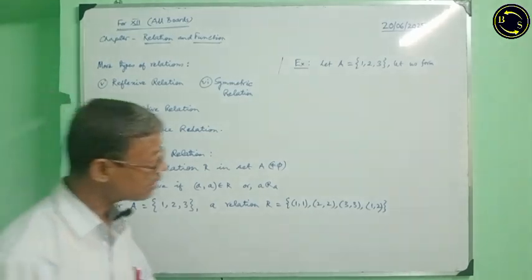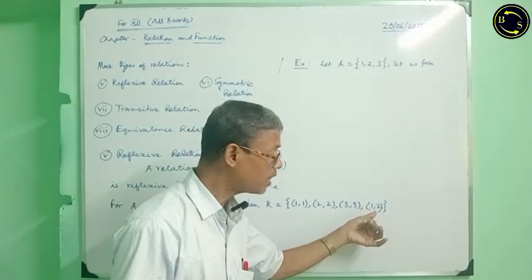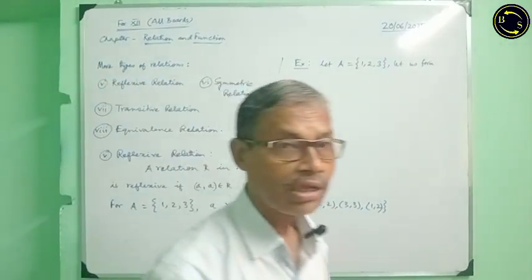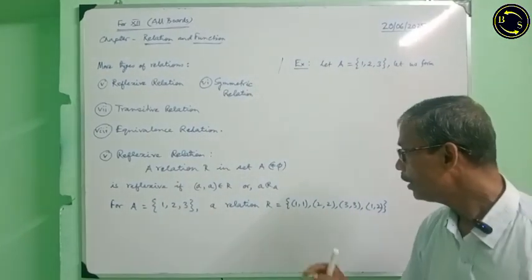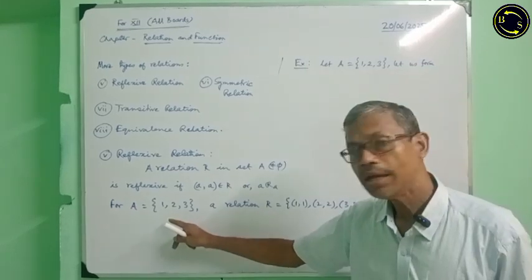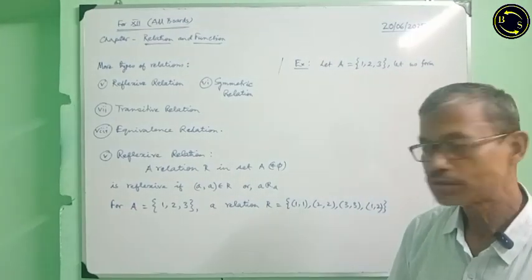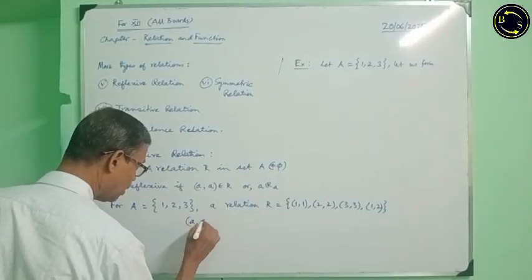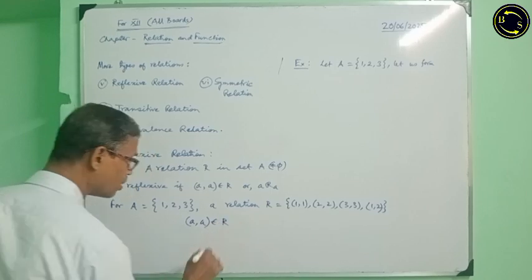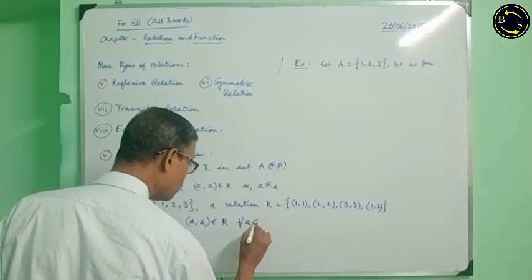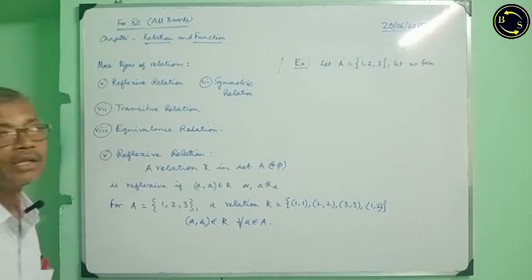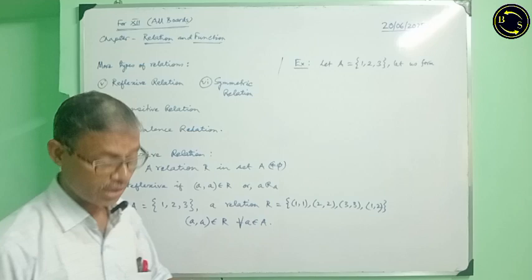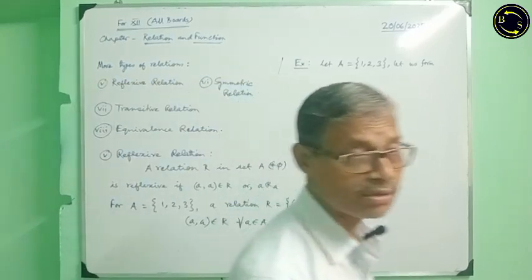Now, this is to be noted that the ordered pair 1, 2 is also there. Just you see whether (a, a) holds, that is, (a, a) is a member of R for all a belonging to set A. Then that relation will be reflexive. I have already discussed the identity relation.